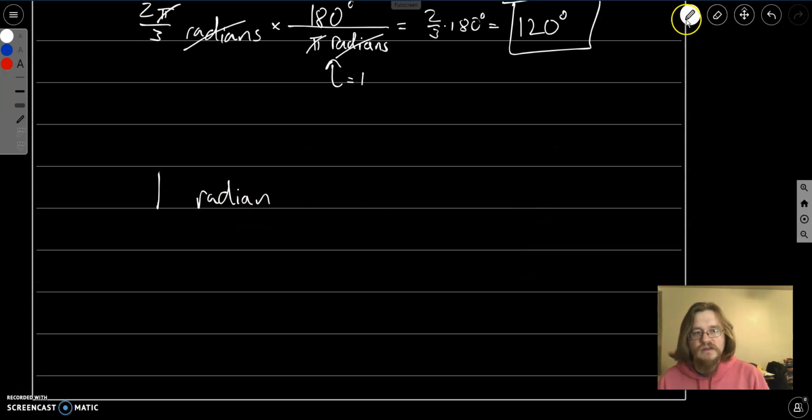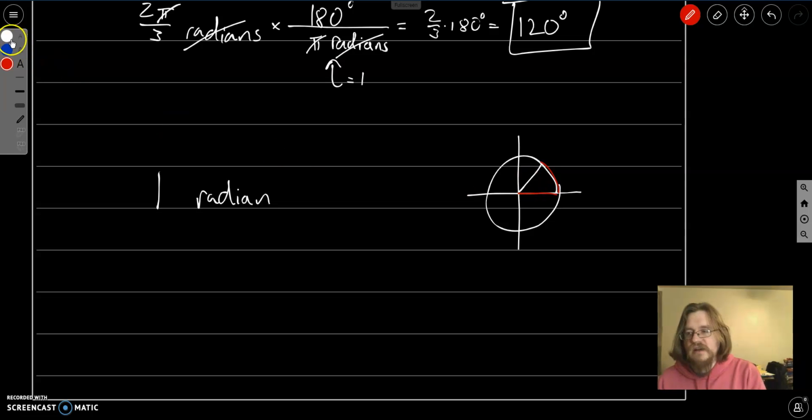Now 1 radian, this was the special place where the arc length was equal to the radius. So this was about here, maybe slightly better, where I have my radius going from the inside of the circle to the outside, and the arc length is the distance around here. So as long as both of those are the same, this angle in here is going to be 1 radian. But the question is, how many degrees is it?